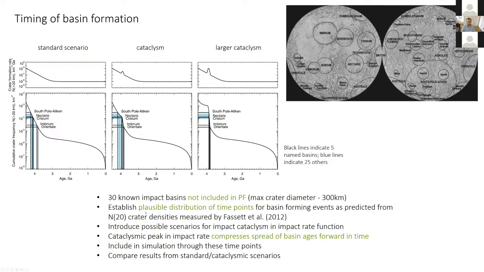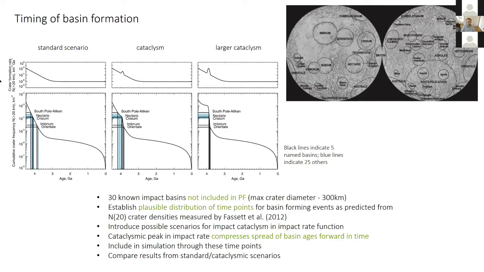We establish a plausible distribution of time points for the basin forming events as predicted from the N20 crater densities measured by Fassett et al. So we know the density of 20 kilometer craters on the ejecta, for example, of these basins, and that allows us to approximately put them in an age sequence.